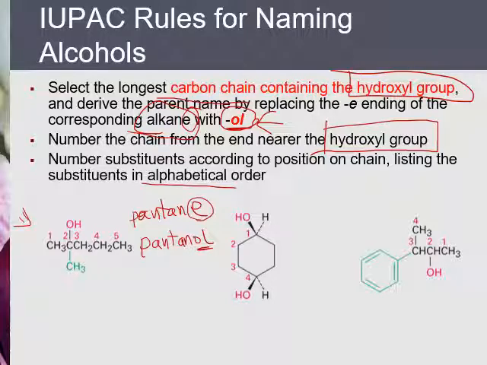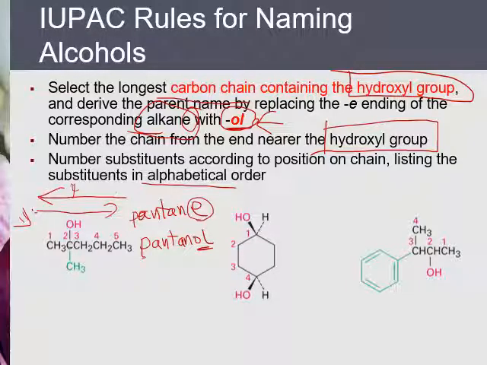It's number 2 if you go from left to right. You put hydroxy on number 2. If you go from right to left, then that would be number 4. So from left to right gives you hydroxy on the lowest number carbon. So number 2 has a hydroxy.